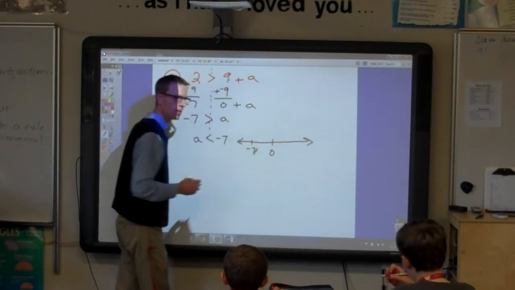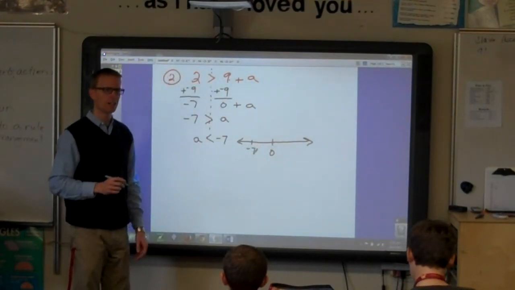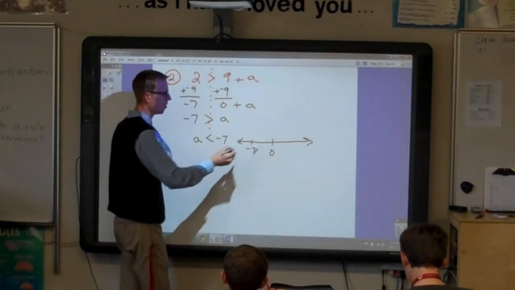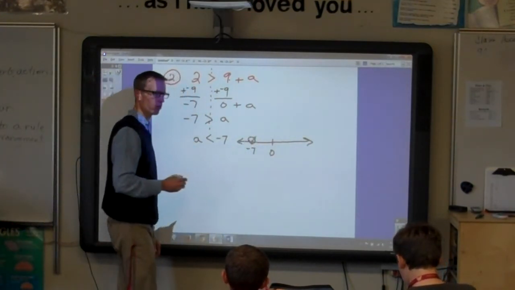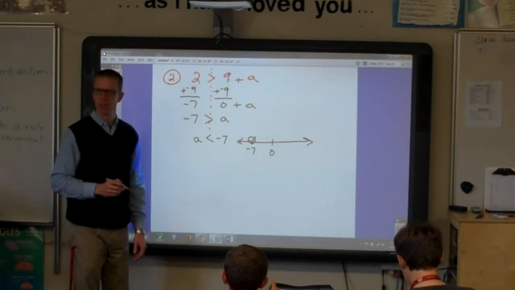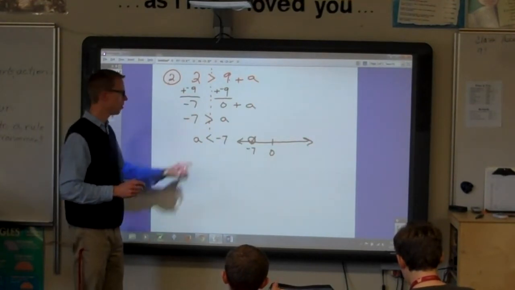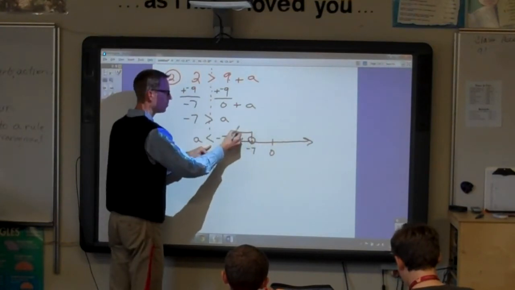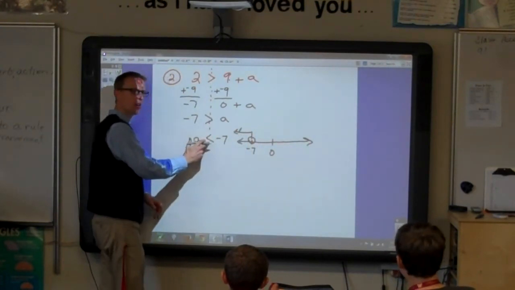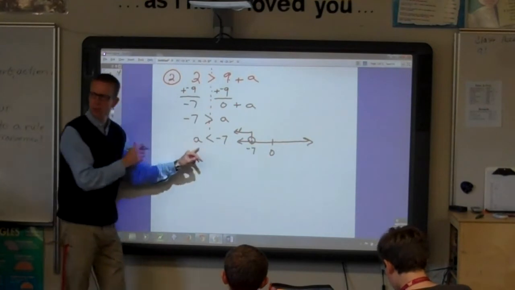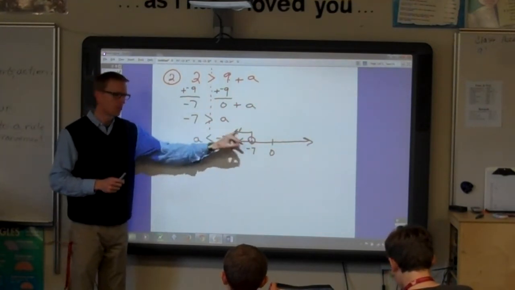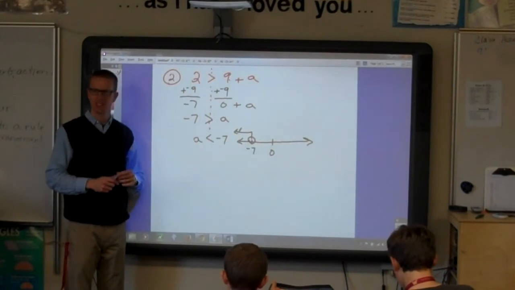Mark -7. With what kind of dot? Class? Open dot. And the arrow should go to the left, the same direction as this arrow. When the variable is written first in the inequality, these arrows point the same direction.